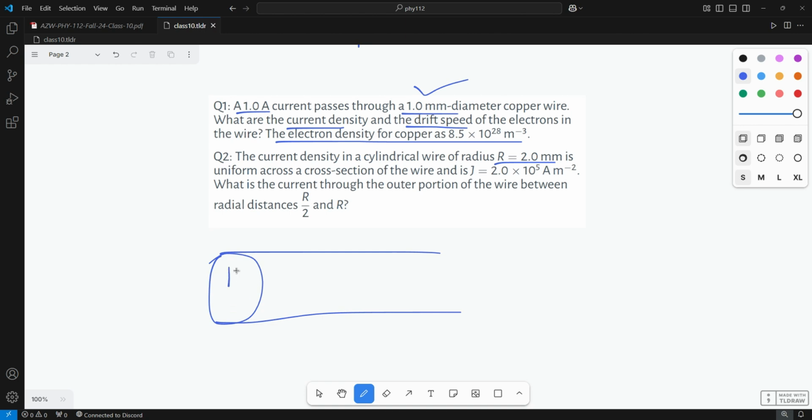Let us consider this as R. So hypothetically this will be R by 2.